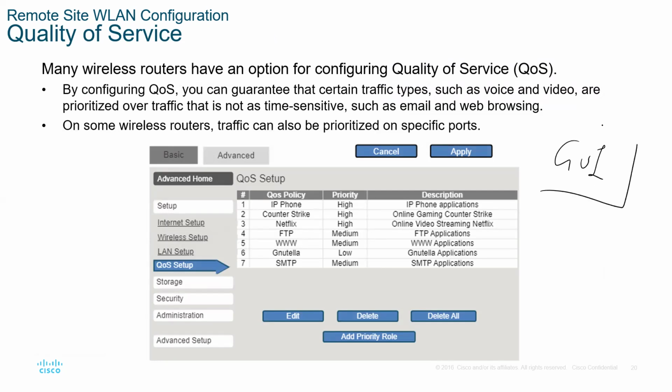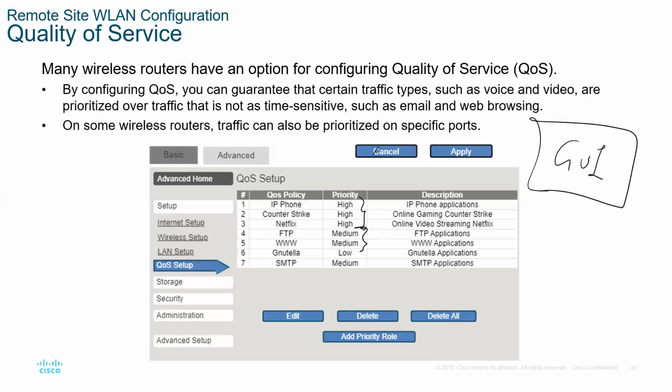I'm not sure which type of wireless router interface this is, but you can see iPhone traffic, Counter-Strike, Netflix traffic. This is gaming and streaming traffic being prioritized over the other traffic like FTP, www.